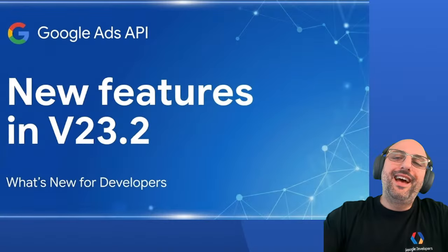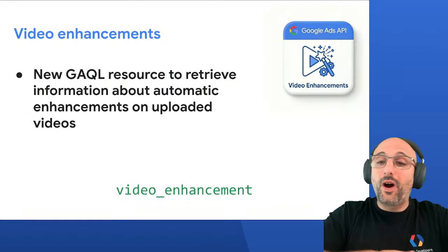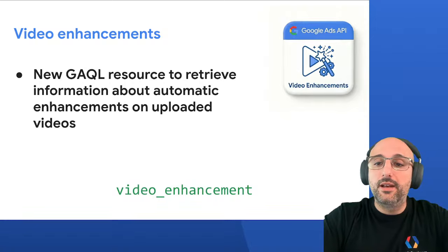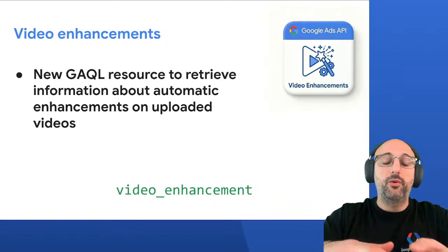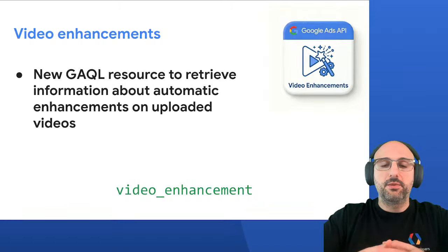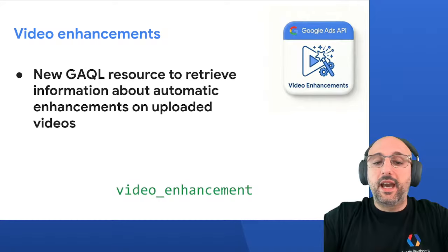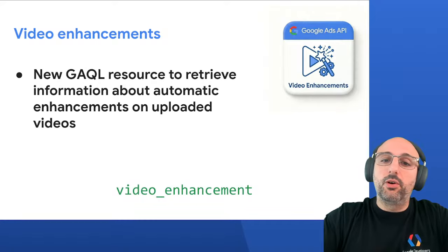So actually, there is just one feature that I want to highlight in V23.2, and it's a new GAQL resource that you can use to retrieve information about automatic video enhancements. As you know, when you have a video asset, Google Ads can internally and automatically perform some enhancements on these videos.